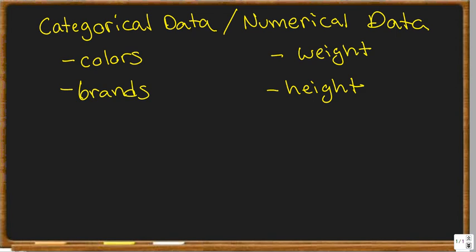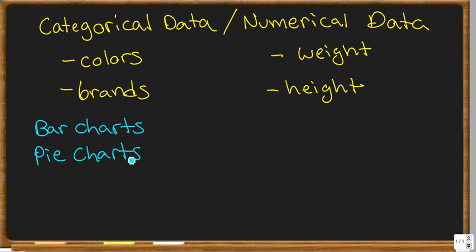And now it's very important to know that there are certain types of graphs for each type of data. The main types of graphs for categorical data, you're going to see bar charts. Obviously they also have comparative bar charts. You'll have pie charts.